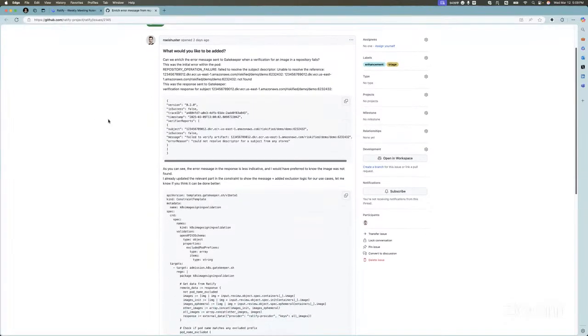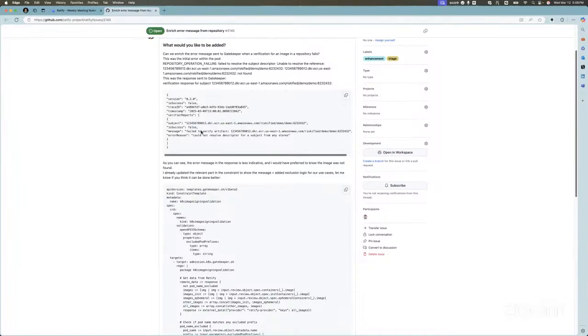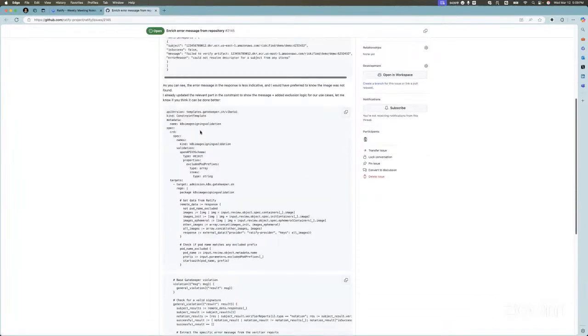Okay, I think we can give maybe 1 or 2 minutes for maintainers to take a look at this issue in case you don't have the context to read the whole issue.